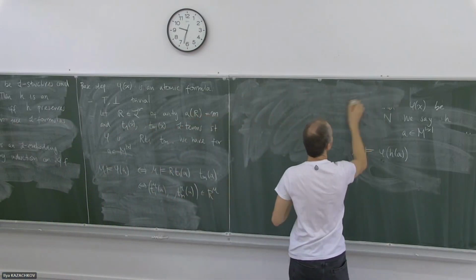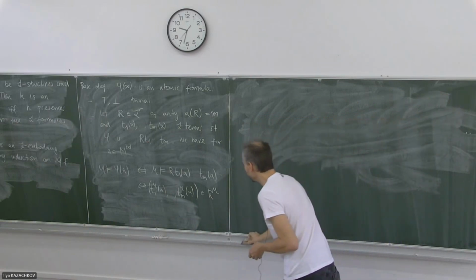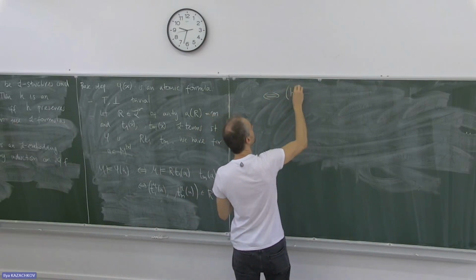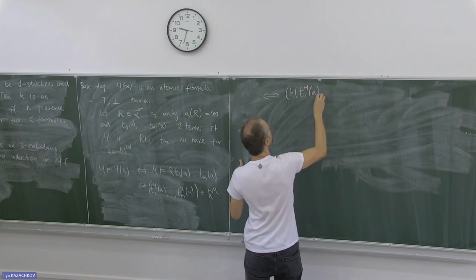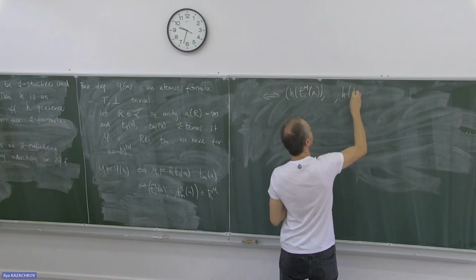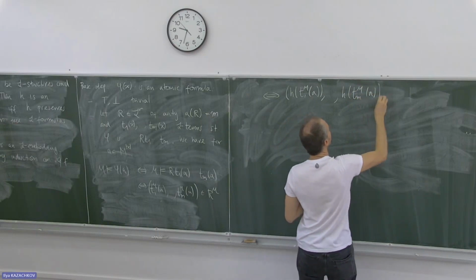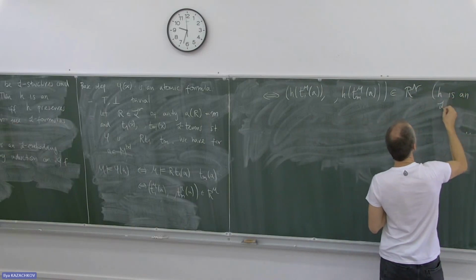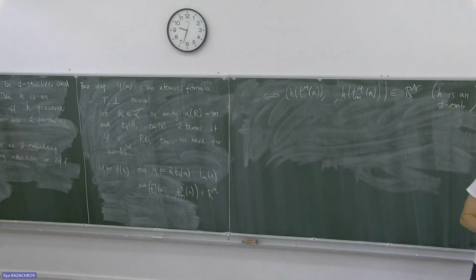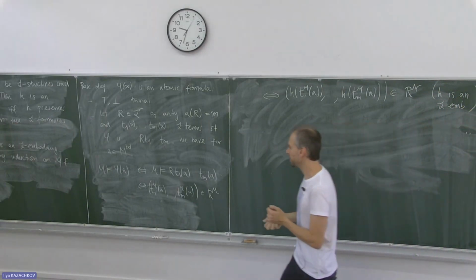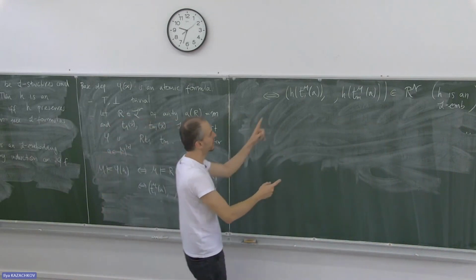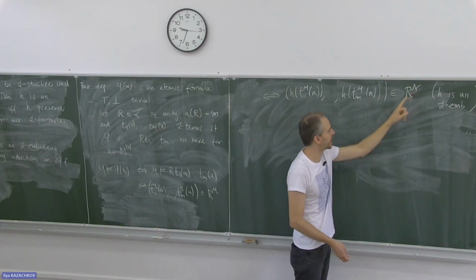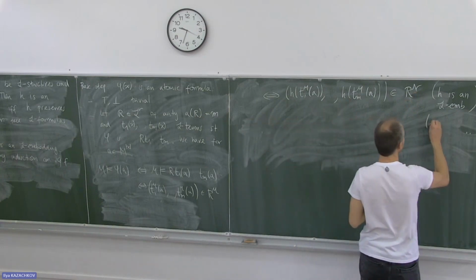First, we use now that this is if and only if h of T1 of a up to h of Tm of a belongs to the relation in N. This is just because h is an L-embedding: if a relation holds for some elements in M, the image also has to hold in N. And here we use the exercise.